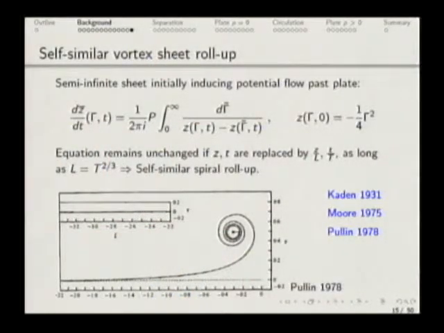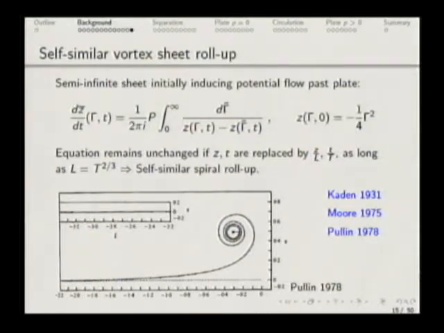And these are the governing equations. This is your initial condition. This is the gamma that you get from your potential solution, by looking at the jump in the velocity across, that's exactly this. These are the Birkhoff-Rott equations. If you take this equation and replace z by z over L and t by t over capital T, as long as you let L be the same as capital T to the 2/3, you get exactly the same equation.